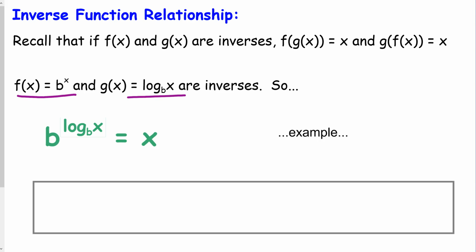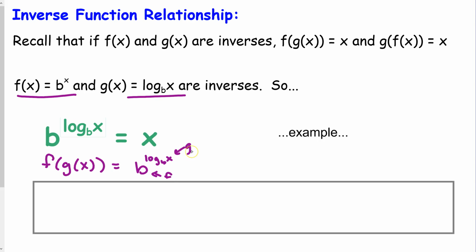So that means that b to the log base b of x will just be x. Inverse functions cancel. This is an example of having f of g of x. See, we put the g of x function inside the f function. That was g.